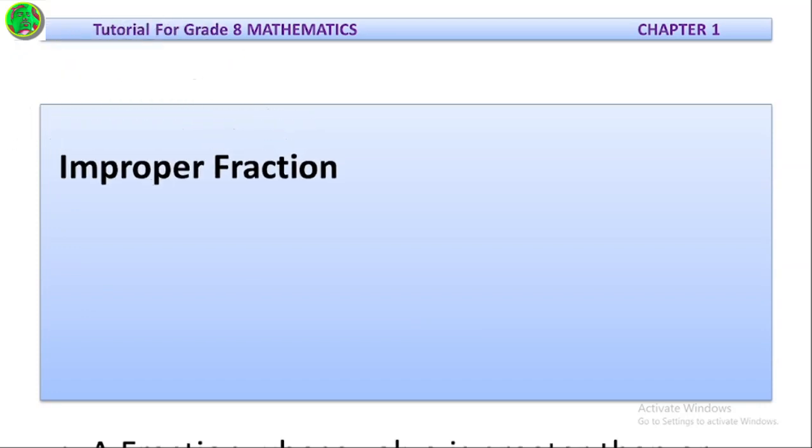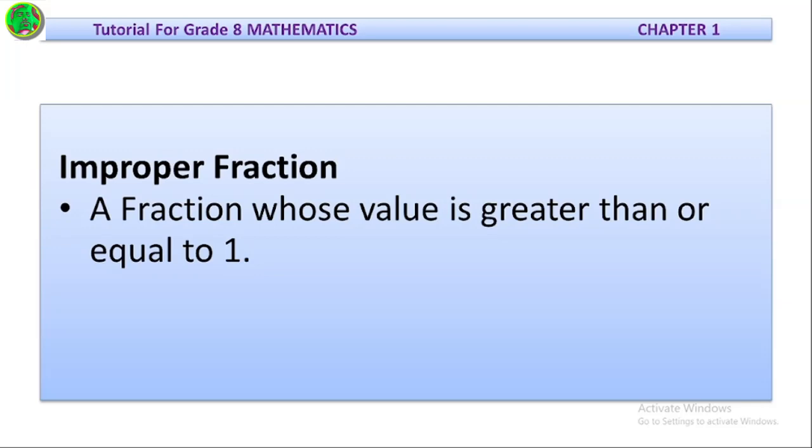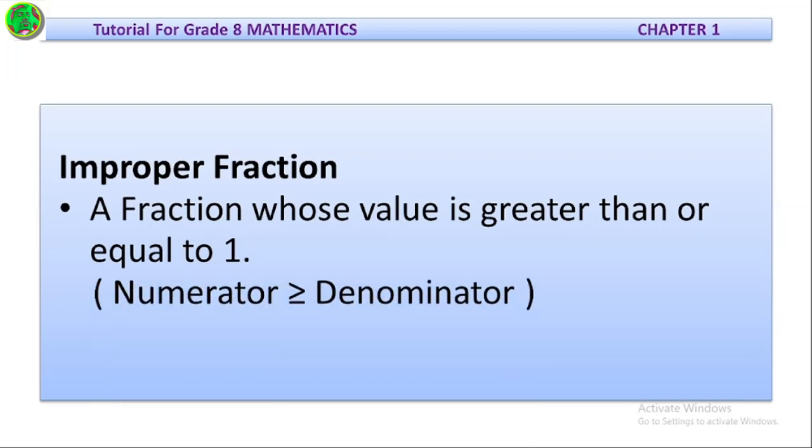ኢምፕሮፐር ፍራክሽን ወይም ህገወጥ ክፍልፋይ ተብሎ የሚጠራው a fraction whose value is greater than or equal to 1. This kinds of fraction is taken as improper fraction ወይም ህገወጥ ክፍልፋይ ነው። ህገወጥ ክፍልፋይ ብለን የምንጠራው ምን ሲሆን ነው?